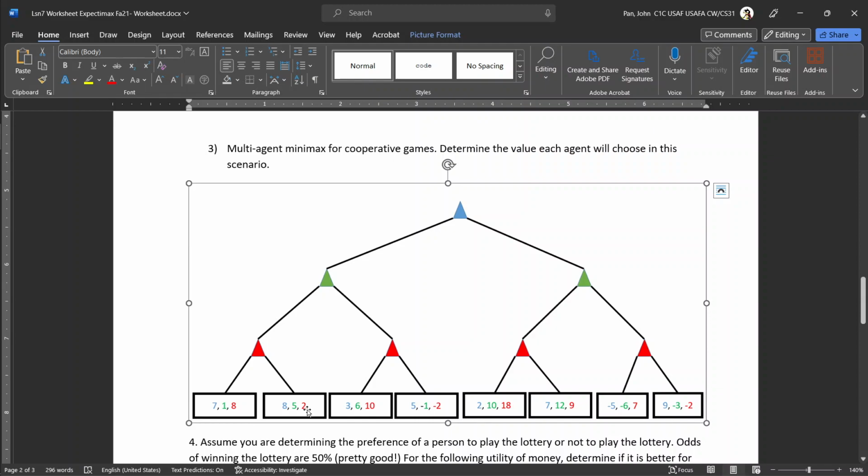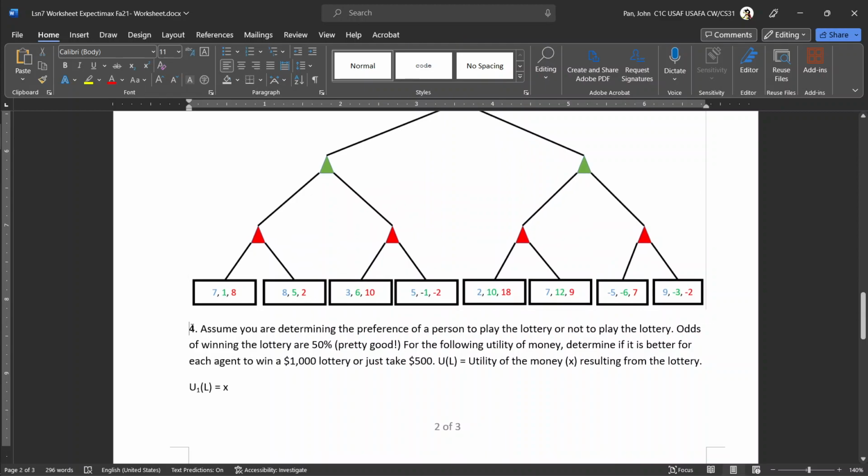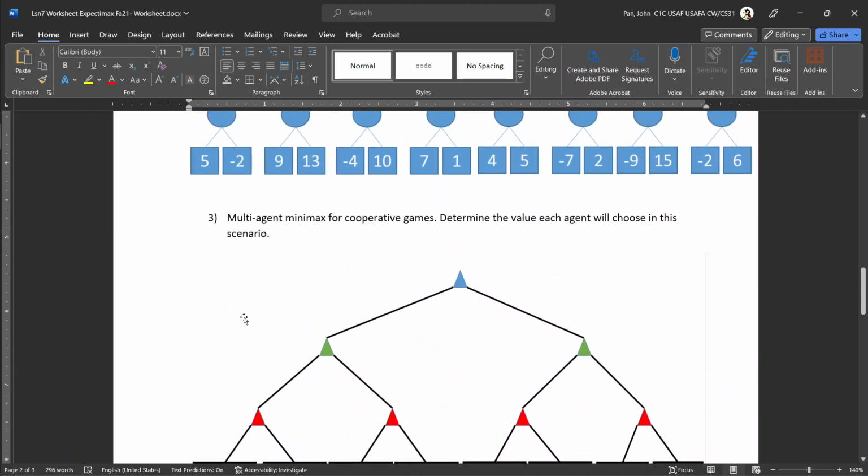So knowing this, we're going to pick the option that gives us the largest blue, because that's our ultimate agent at the top that's making the first decision. So let's walk down.